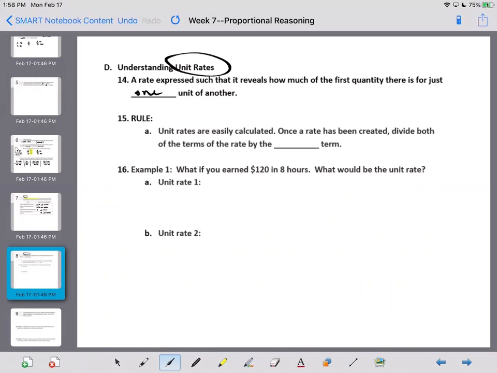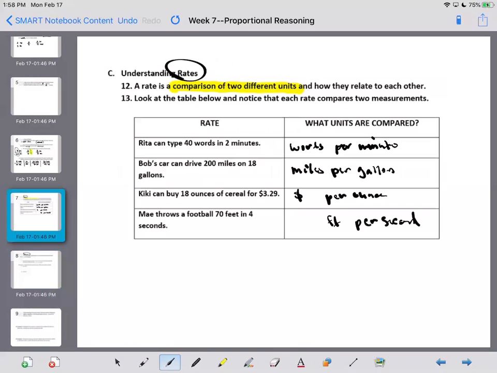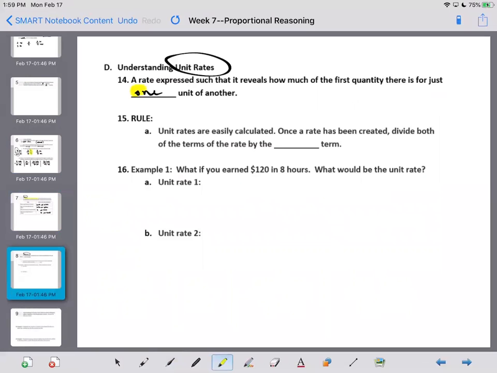With rates, we're dealing with two different units. The unit rate is when we have one unit of another, and typically we'd like to see that in the denominator. We would like to see how many words per 1 minute, how many miles per 1 gallon, how many dollars per 1 ounce.